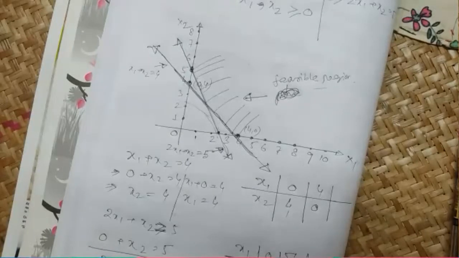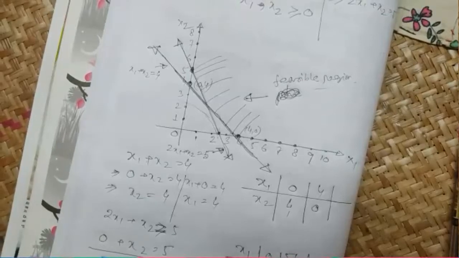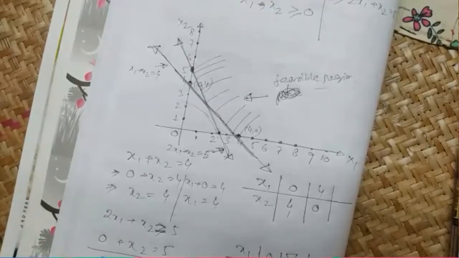Then at the point where the circle touches constraint 1, constraint 1 will be the tangent of the circle at that point.